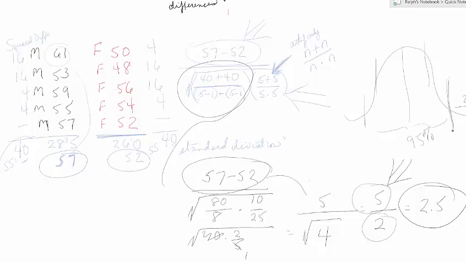So it means that the differences between these two groups is back into this category, which means you have significant evidence that the two groups are different. And that is how you calculate a t-test. That is the meaning of a t-test, and that is the logical thinking that goes behind a t-test.